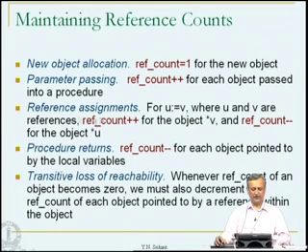Assignments to references. So, u equal to v is the assignment statement, where u and v are references. Reference count plus plus for the object star v, whatever is pointed to by v will also be pointed to by u now.